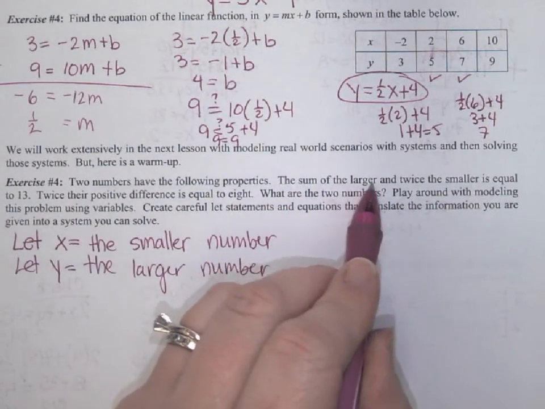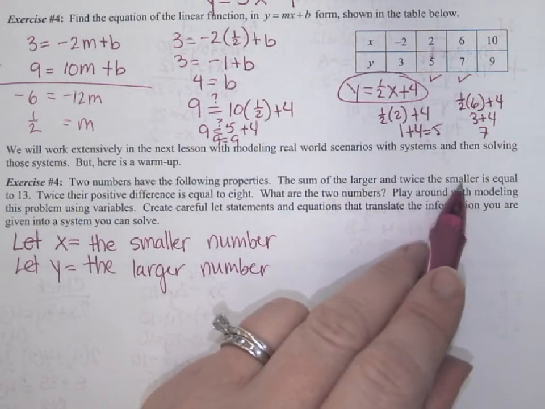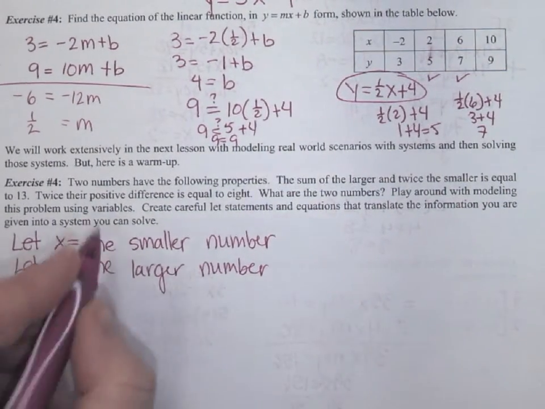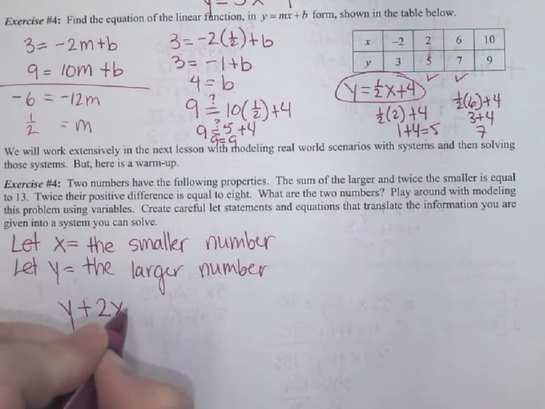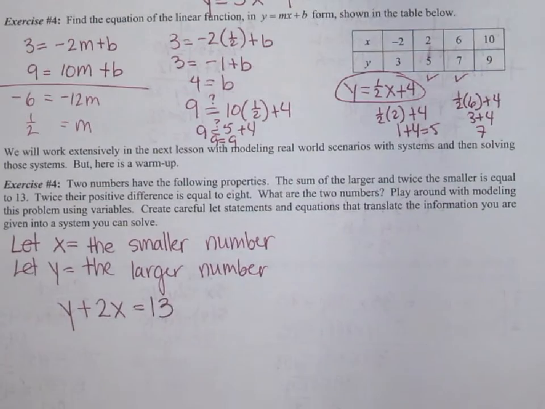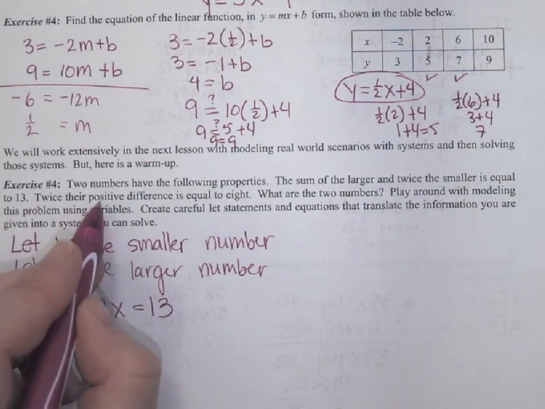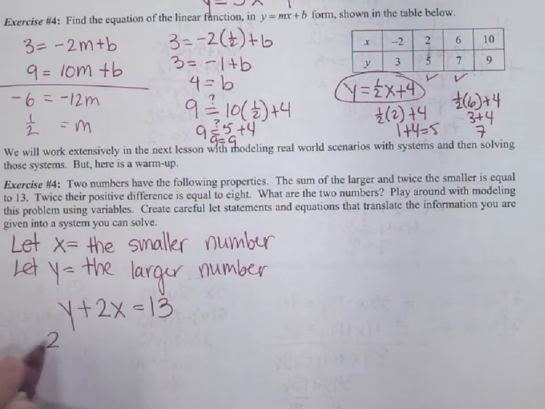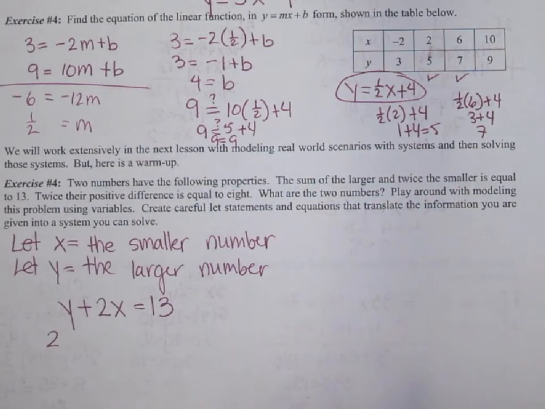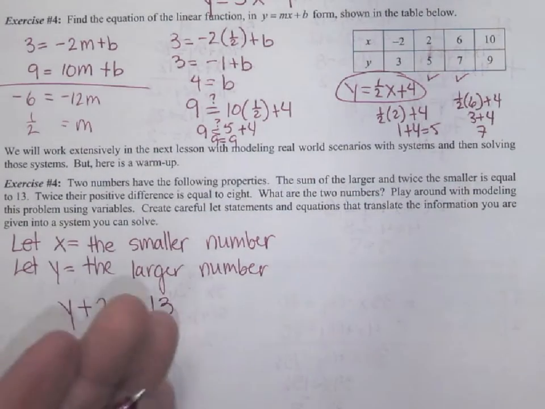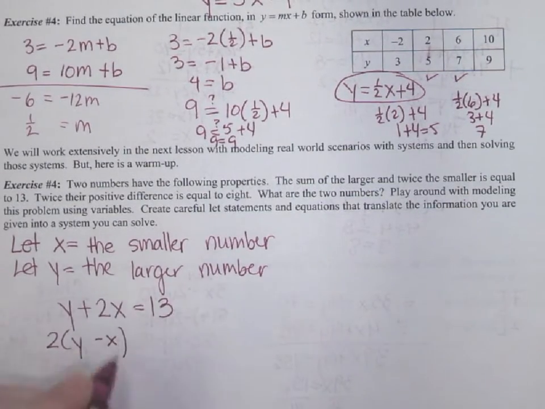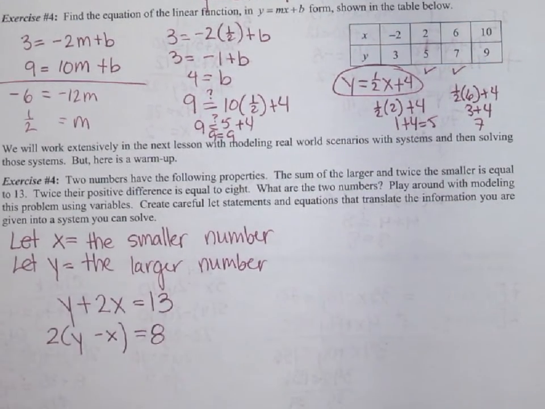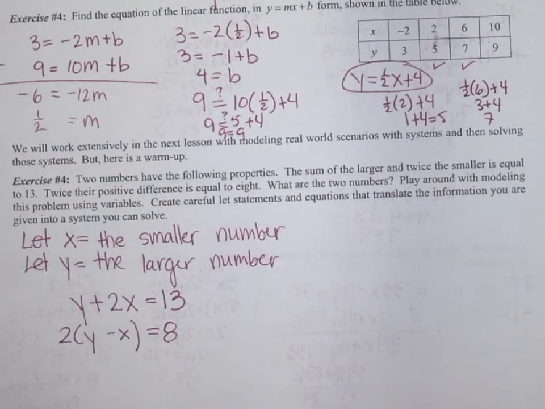So the sum of the larger and twice the smaller is equal to 13. Twice their positive difference, so a positive difference means we want the larger minus the smaller, is equal to 8.